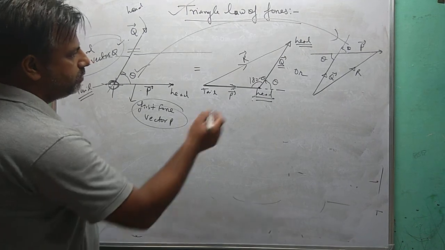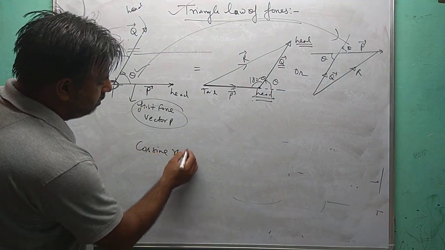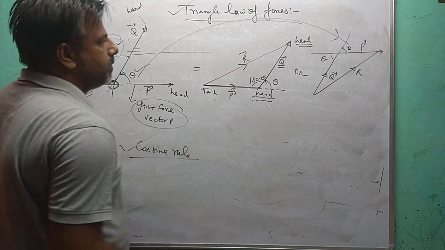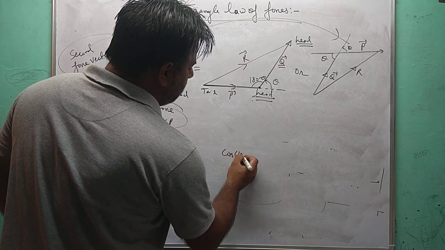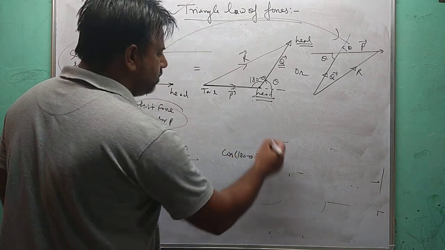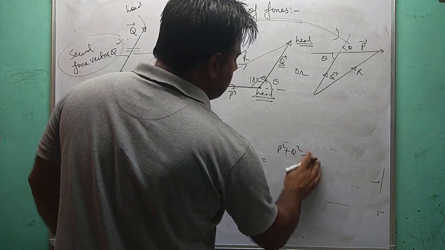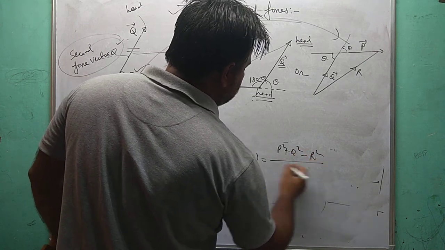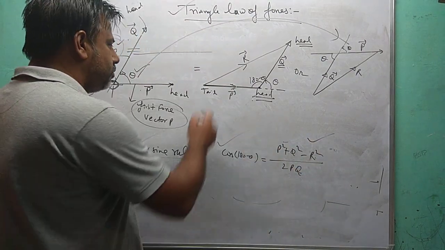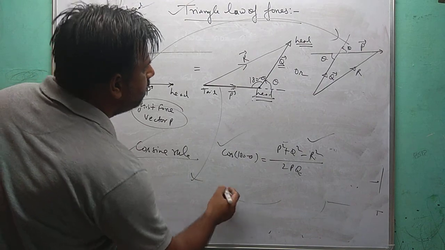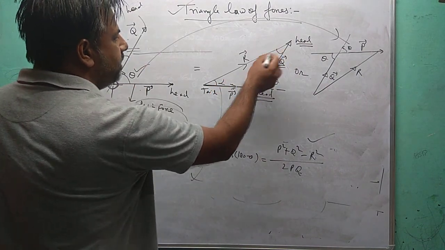According to the cosine rule, or you may apply the sine rule here. Cosine rule means cos(180 minus theta) is equal to P square plus Q square minus R square over 2 times P Q. So in this way you may calculate the resultant, or you may apply the sine rule also. According to the sine rule, suppose this is my alpha and this is my beta.